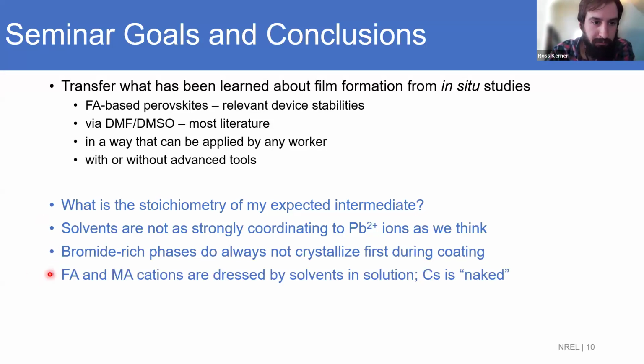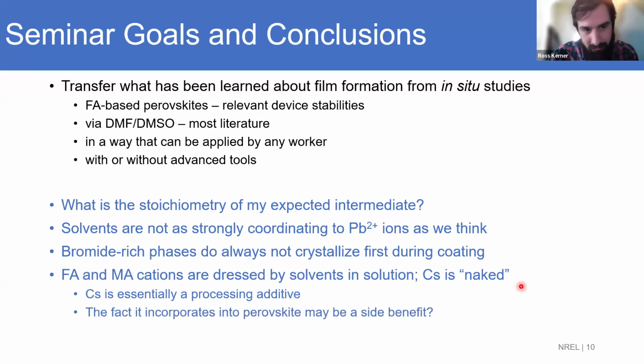And the concept that I hold now is that FA and MA cations are dressed by solvents in solution, and cesium is naked. And I think of cesium more as a processing additive after these 2 years in the in situ intermediate project. And it incorporates into the perovskite, which is great.